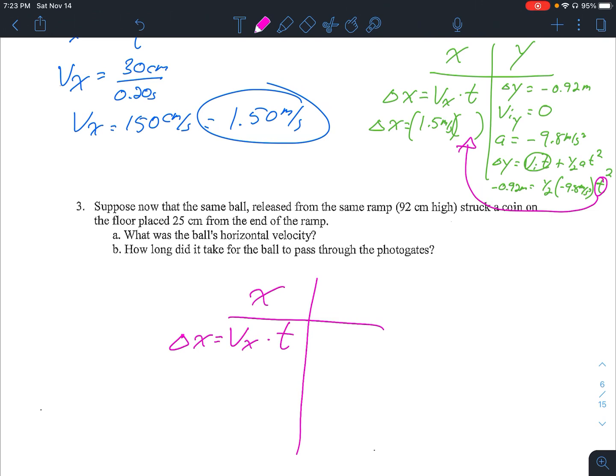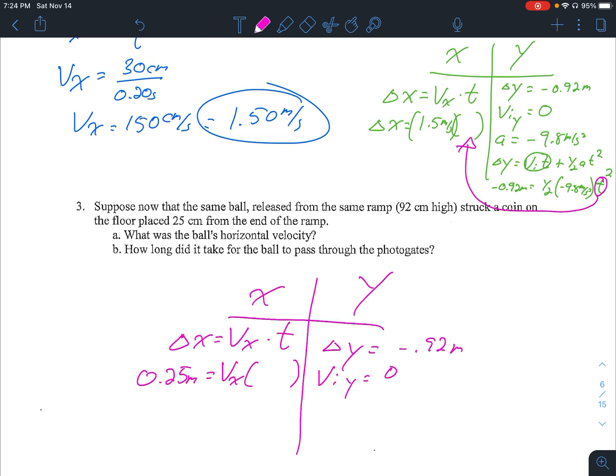So we're going to know that it takes 0.25 meters. We're going to be looking for our Vx now. And our time we're going to have to get from our y direction information. So same thing, it's our same height of table. Our y is the same.